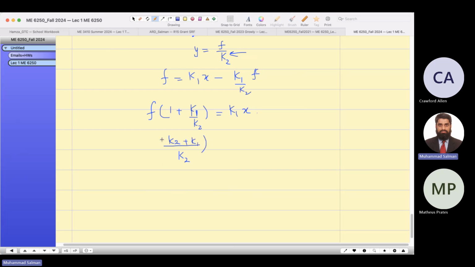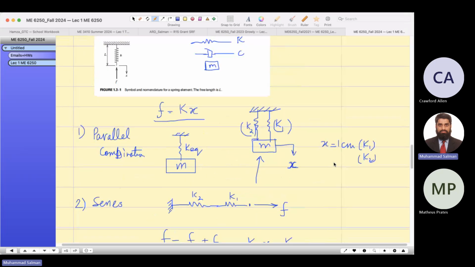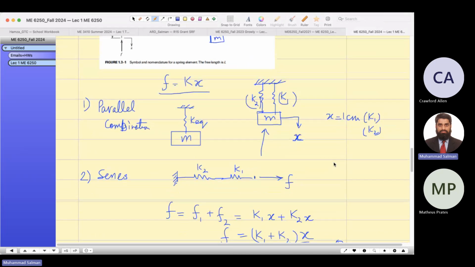So I want to cross multiply this whole term over here, and that will be the k equivalent. Because look at this, this is the formula for the spring deflection.